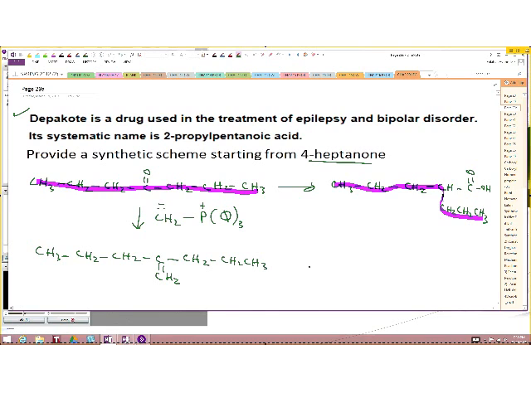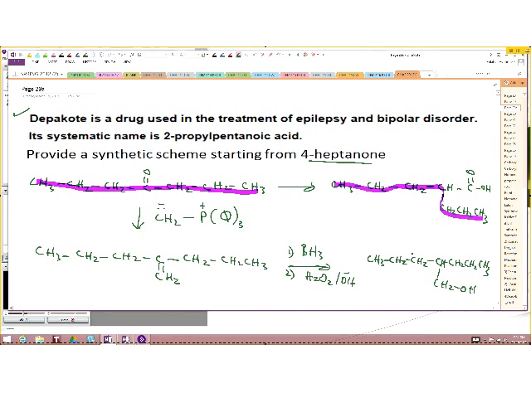Hydroboration, right? Hydroboration-oxidation. And that will give us that primary alcohol.